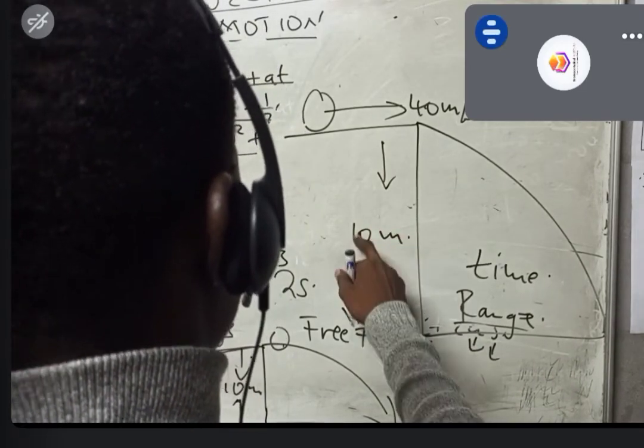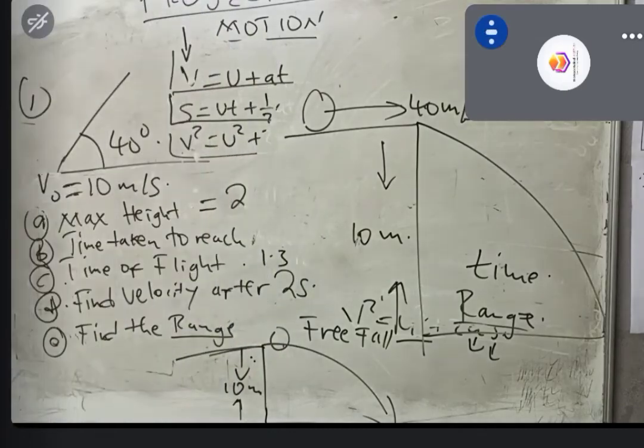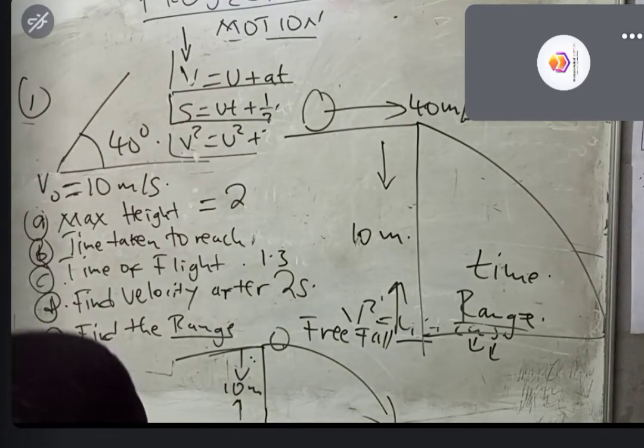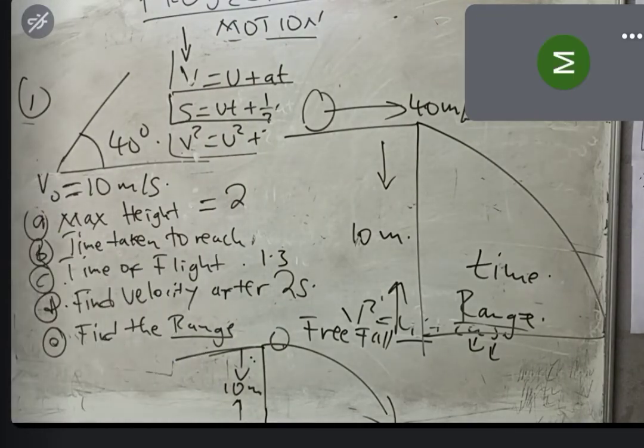So now, Matilda, what's your question? Whenever something is moving from up, like in such a case, like they have shown there, does it have any velocity in the y direction initially?